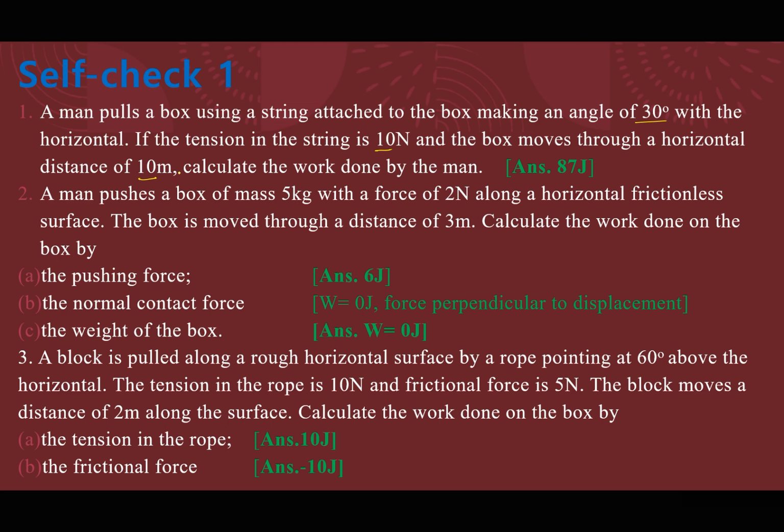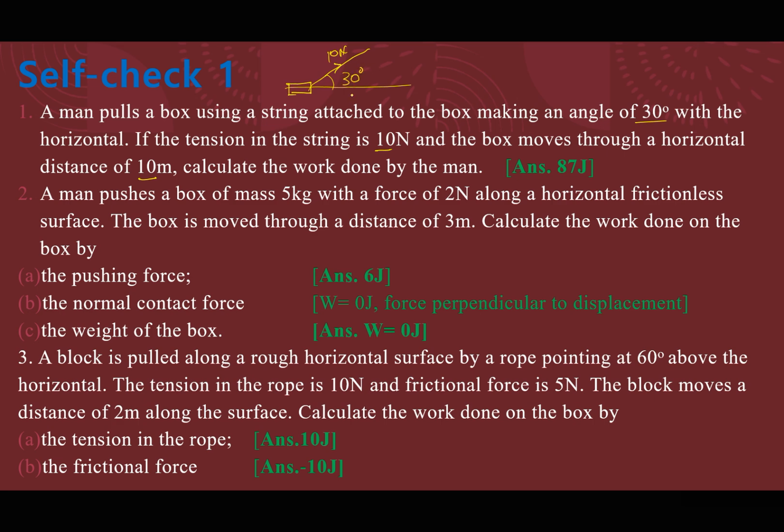Remember, in this case, I said you have to resolve either the force in the direction of the displacement, or you resolve the displacement in the direction of the force. So the force is acting at an angle to the horizontal. So the tension is the force, which is 10 newtons, acting on the object at an angle of 30 degrees.